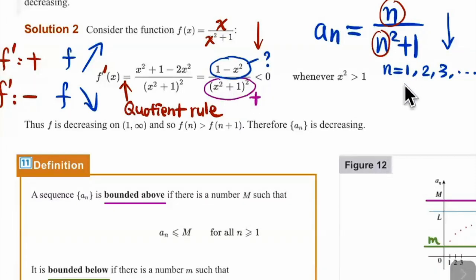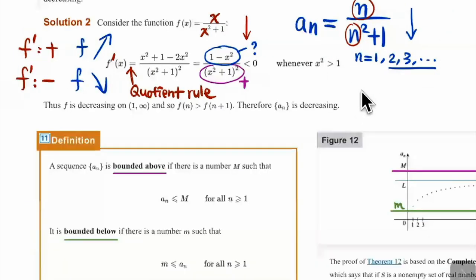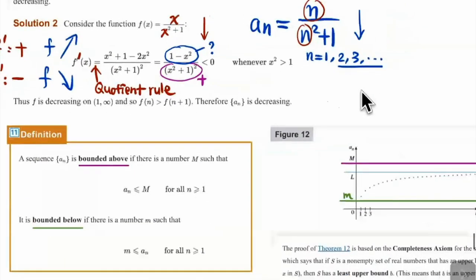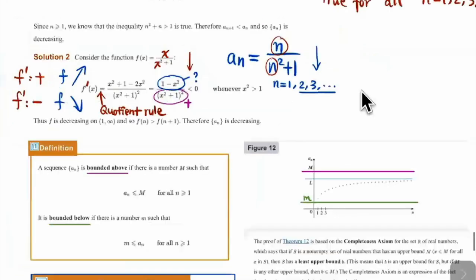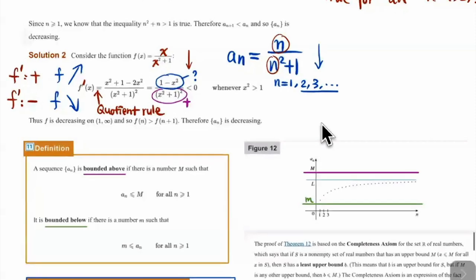It's going to be greater than 1 when the index is from 2 on. 2, 3, etc. The square of that will be greater than 1, right? So remember last time we talked about it really doesn't matter for the head of the sequence. What's more important is the tail of the sequence.